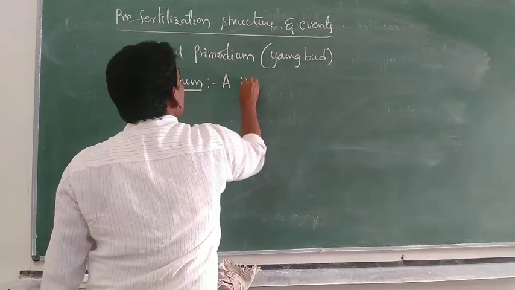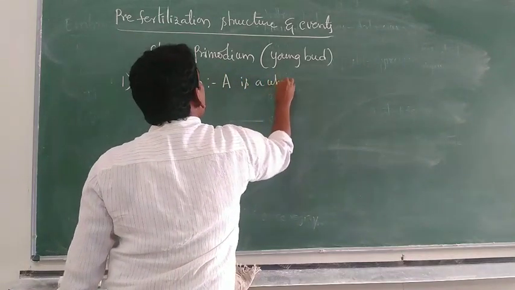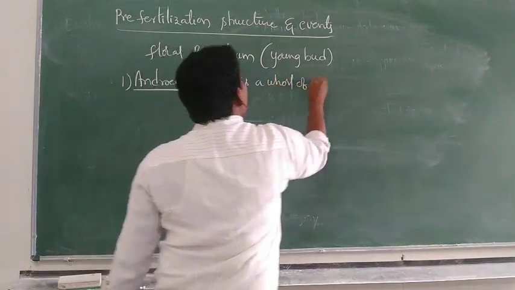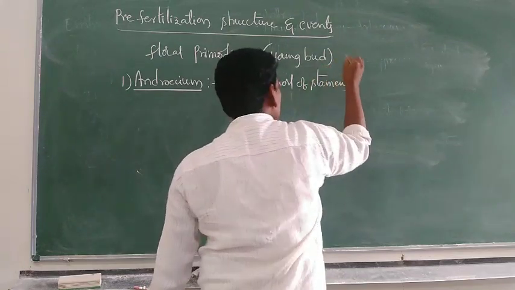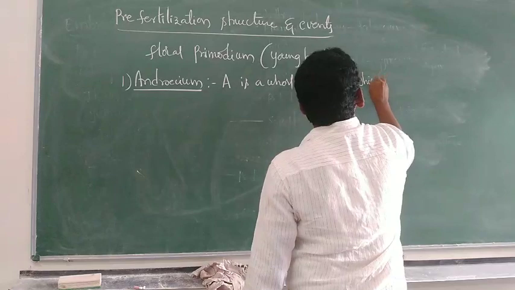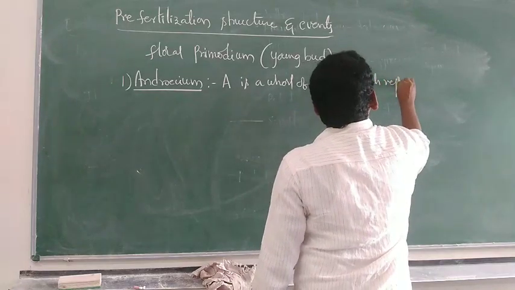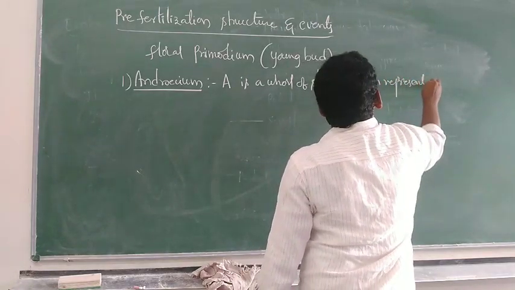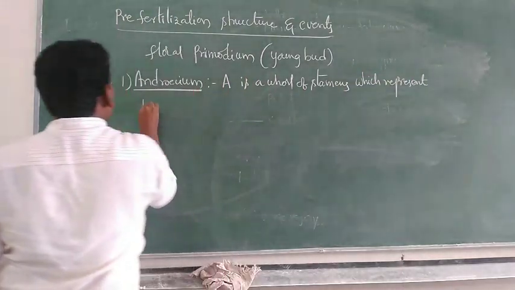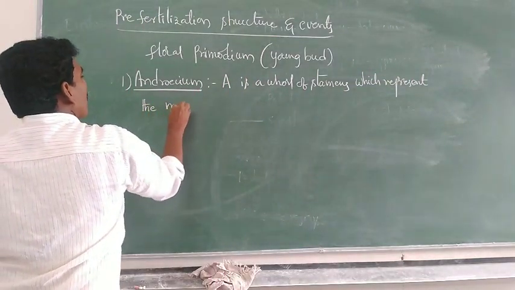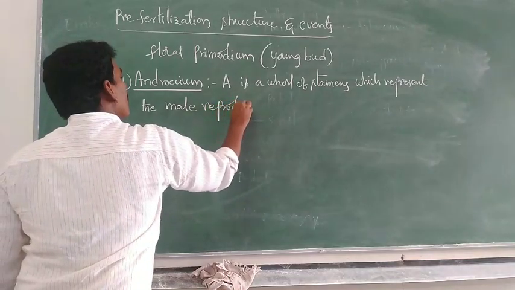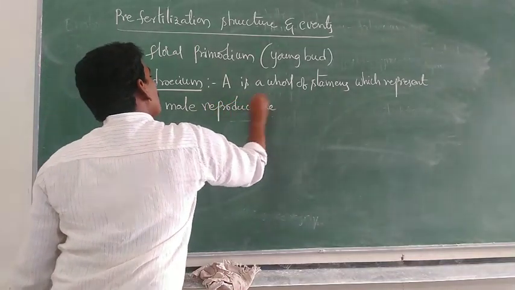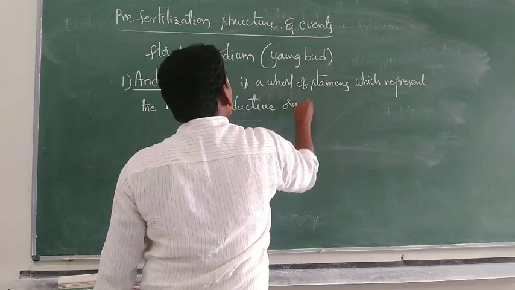Androecium is a whorl of stamens which represents the male reproductive organ.